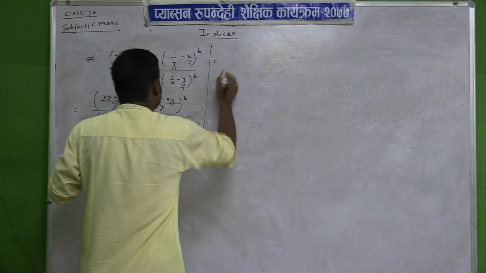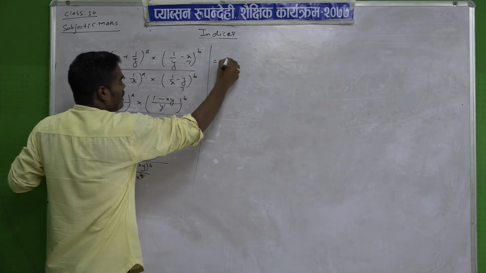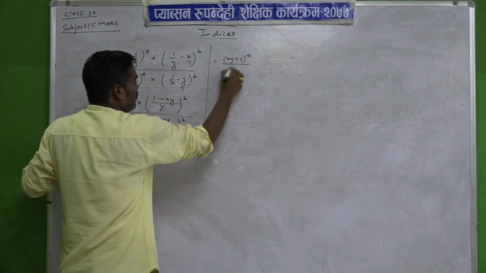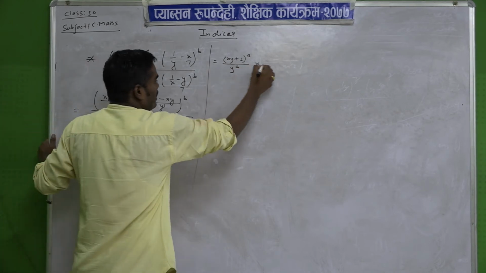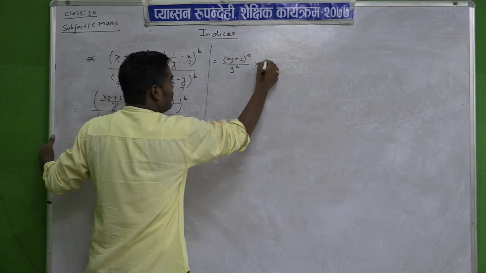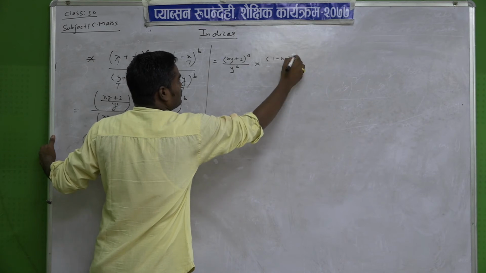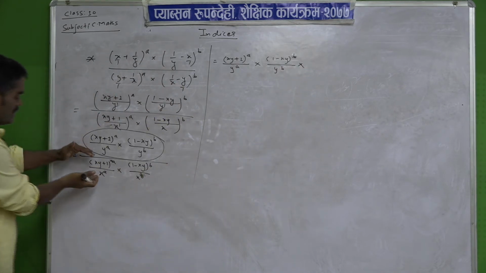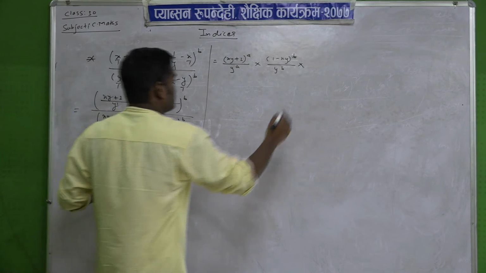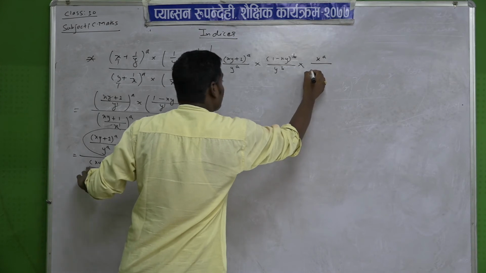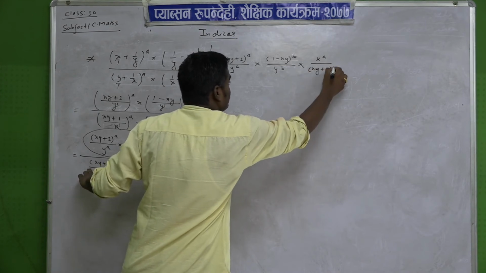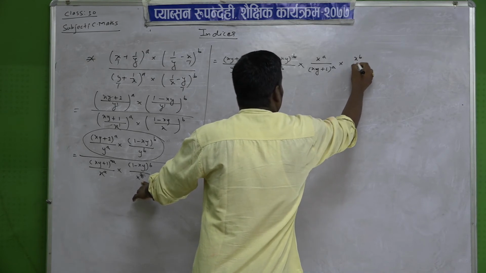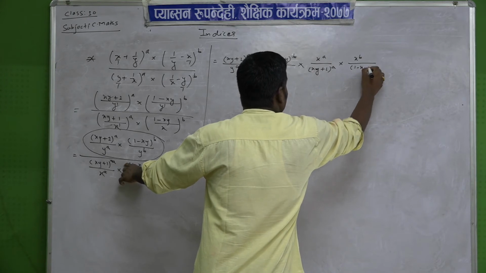So, here we have (xy plus 1) whole power a upon y power a, into (1 minus xy) power b upon y power b, into, now this will get reversed, x power a goes up upon (xy plus 1) power a, into x power b goes up upon (1 minus xy) power b.